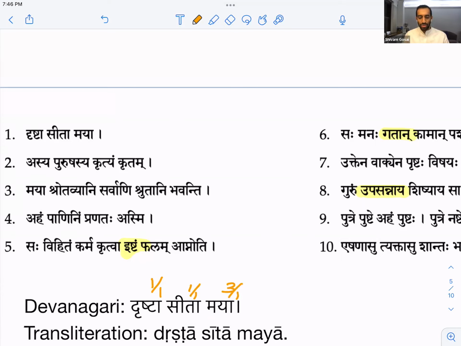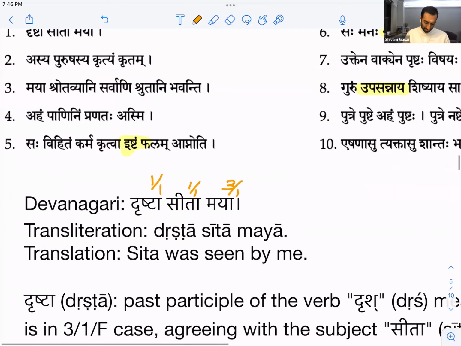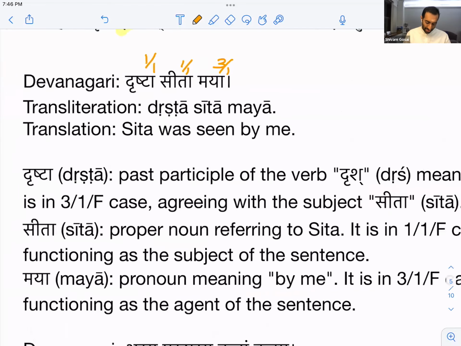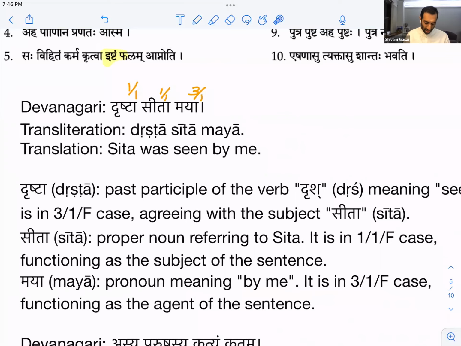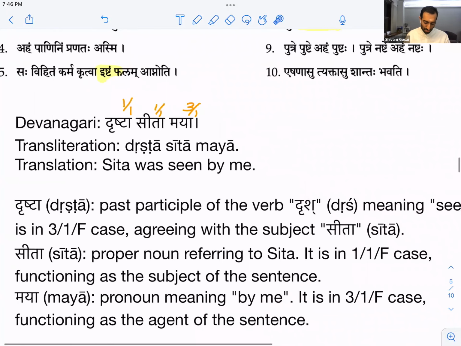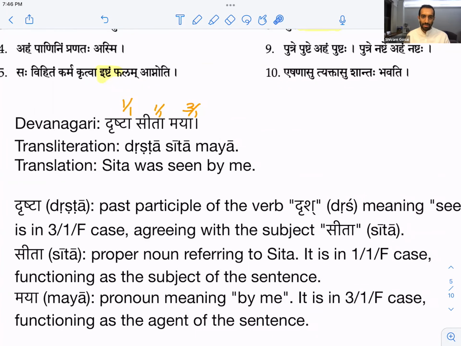Okay, so Drishta, we're going to look at this word. This is a Kta word. I wrote past participle. We don't use that language usually, so ignore that. Kta. So it's karmani bhute. Karmani bhute kta.